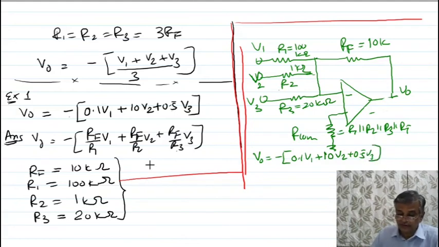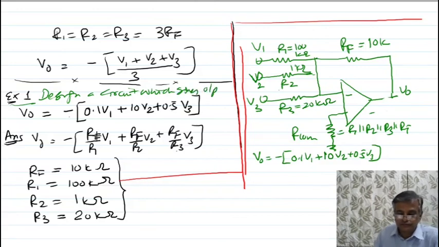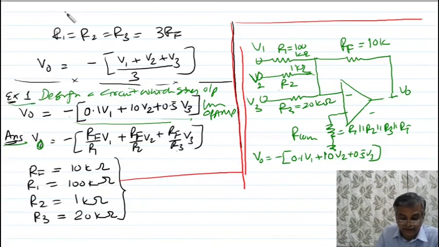So what is the question? Design a circuit which gives output according to this equation using an op-amp. The answer: this is the standard equation. Compare the equation given to you with the standard one.